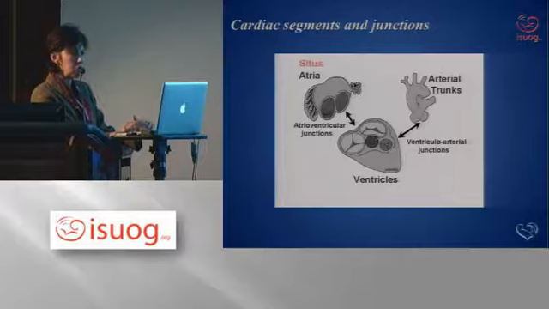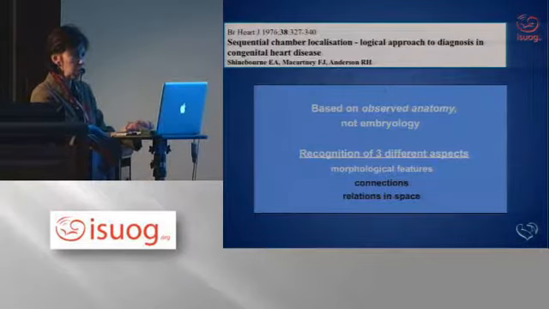And the situs, when we talk about the heart, relates to the atria. Situs just means position, and you can have situs of the viscera, of the lungs, of the bronchi, and when we come to the heart, situs will be related to the arrangement of the atrial chambers. And then we will come back to the situs.